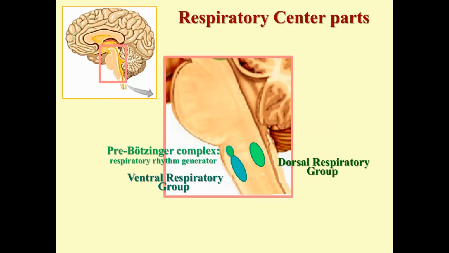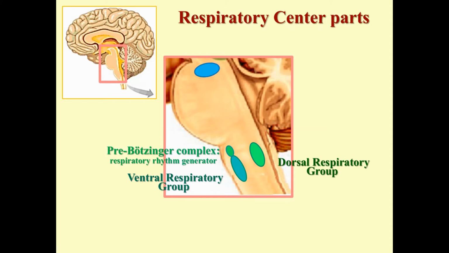As a part of the ventral respiratory group, this complex contains neurons that are believed to be the respiratory rhythm generator. They produce the rhythm of the automatic activity of the center as a whole, and they operate somehow similarly to the pacemaker of the heart, the sinus node.